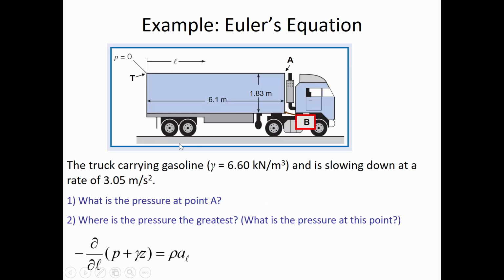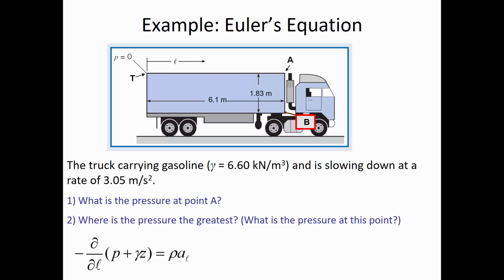So when we solved this example in class last time, what we had was an acceleration to the left. Since it's slowing down, that means it was moving to the right and it's slowing down, so the acceleration is to the left. And what we saw was more pressure at A than there was at T, because remember, the pressure increases in the opposite direction of acceleration.